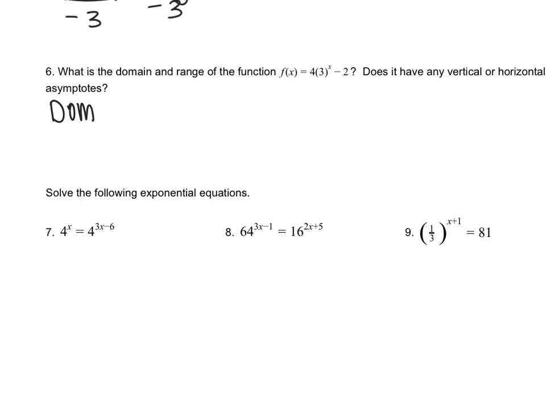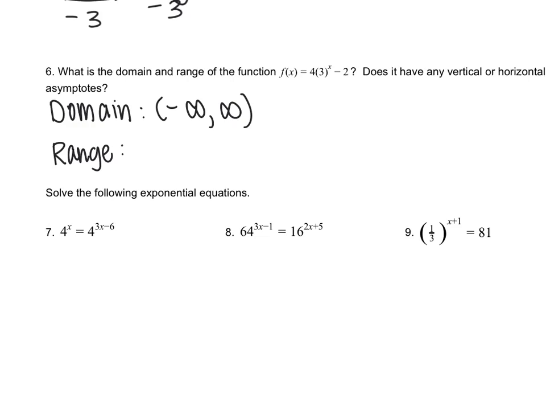So the domain of every single exponential function is always the same, negative infinity to infinity. I can plug in any value for x. There is no restriction on what I can plug in. The range is different. There's only ever going to be a smallest or an absolute largest value that you can reach.